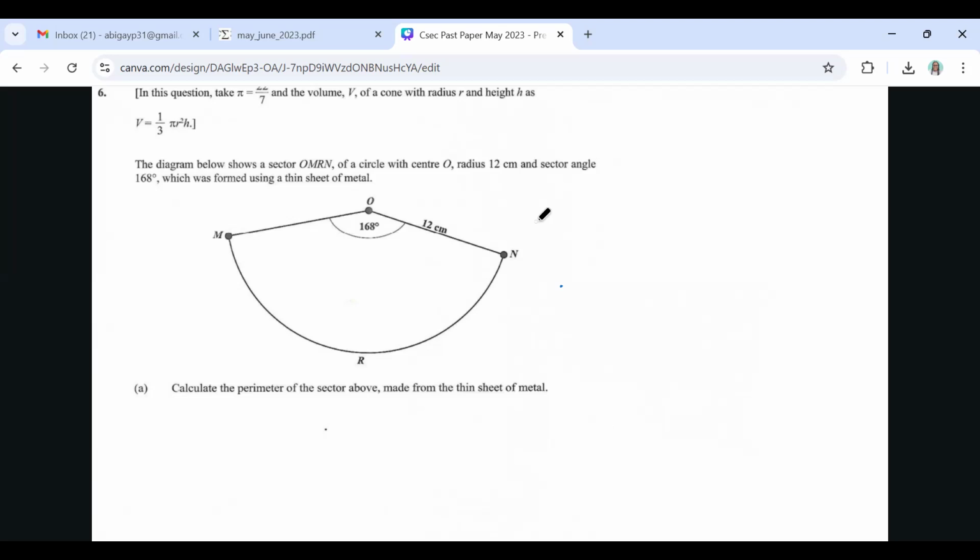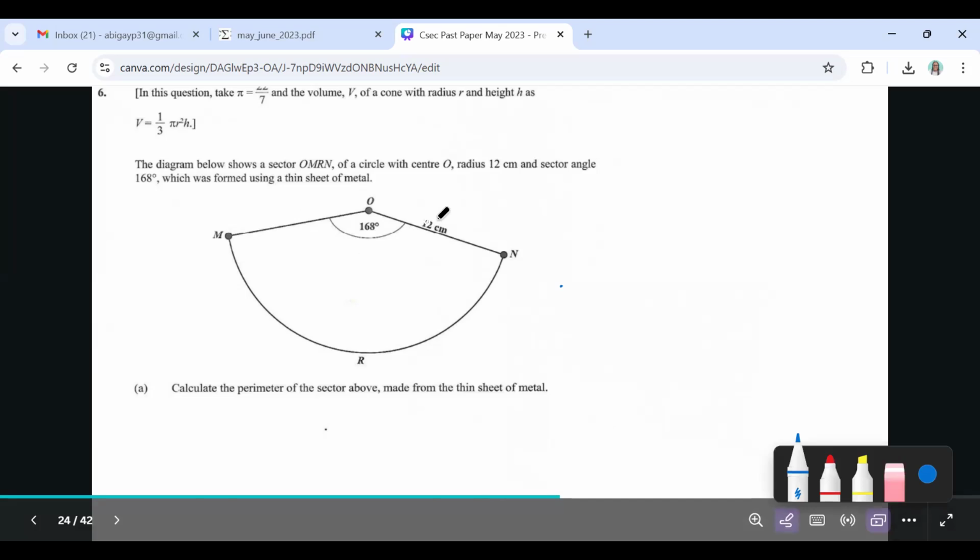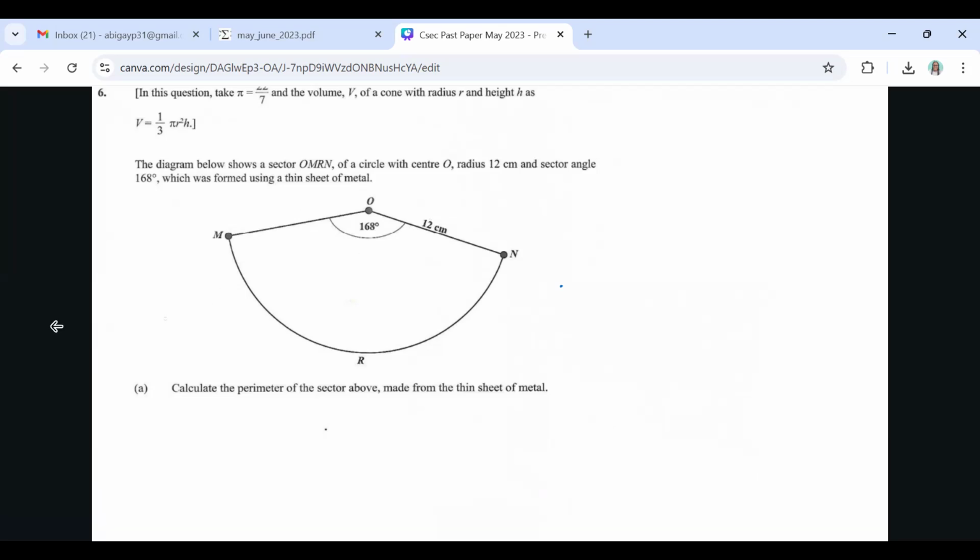All right, so calculate the perimeter of the sector made from a thin sheet of metal. We know that perimeter is around the shape. So we know that this is 12 centimeters, which means over here is also 12 centimeters, because that's also a radius, coming from the center.